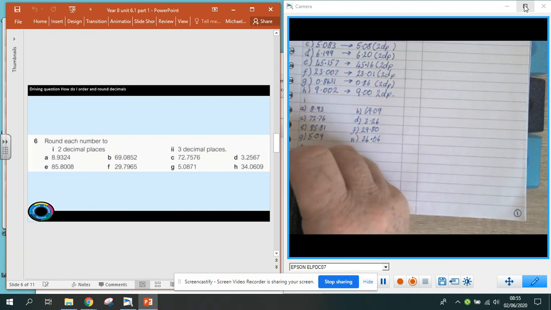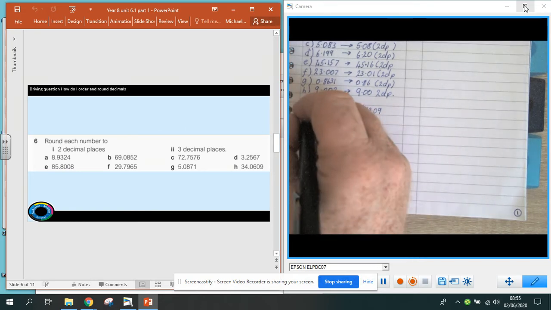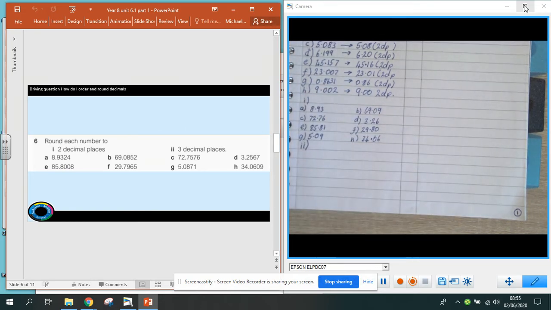As well as that, we have set 2, which are the same numbers, but we're going to round them to 3 decimal places.